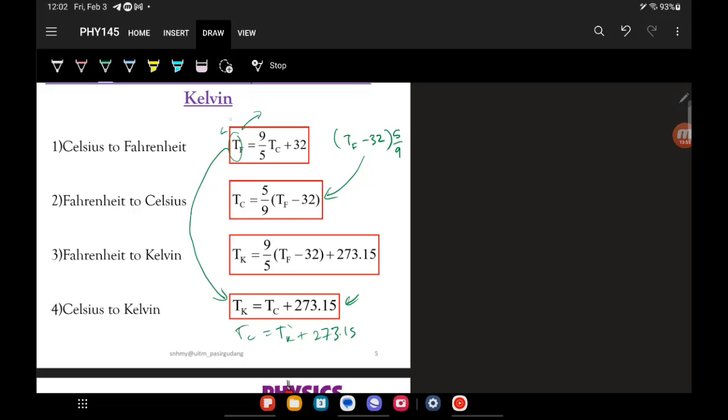If you want to change Kelvin to Fahrenheit, then in this equation you just need to replace this TC with this TC here. Then it will right away give you another form. You can also do the same thing for making Kelvin to Fahrenheit.